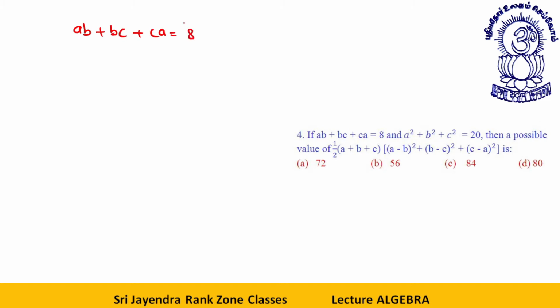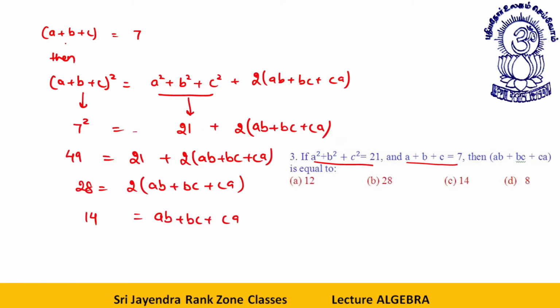But before this, students, there is one more thing in this particular question. I think you have got the formula clearly. The other thing could be, if you assume the values, this is 4, this is 2, this is 1. 4 plus 2 plus 1 is 7, verified. Then 4 square is 16, 2 square is 4, 1 square is 1; 16 plus 4 plus 1 is equal to 21.